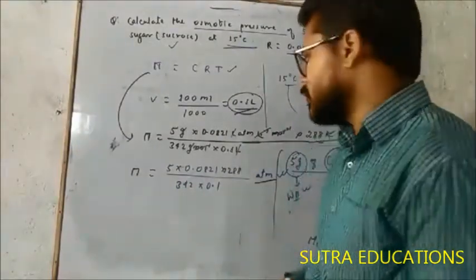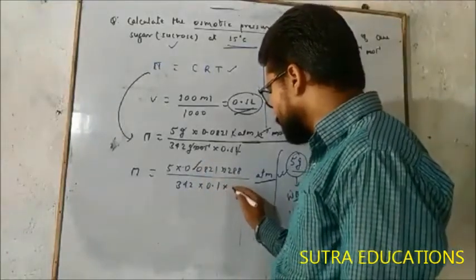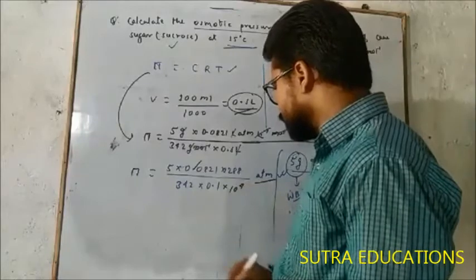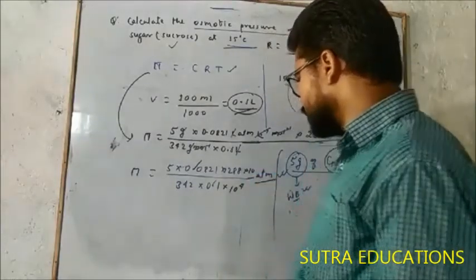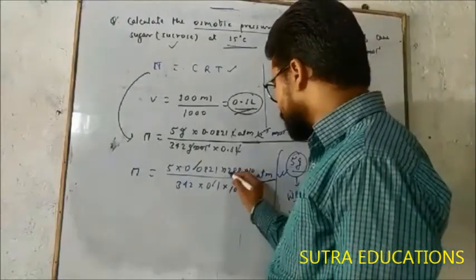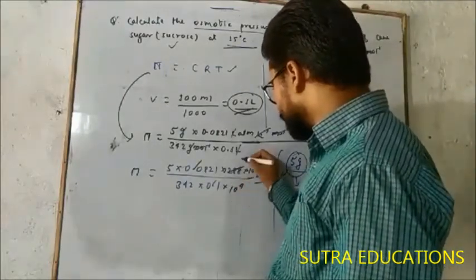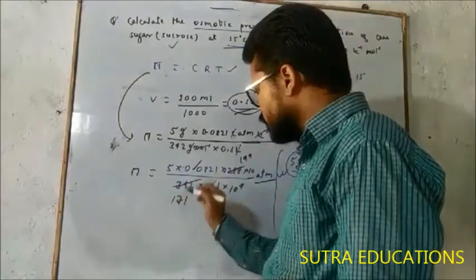So just calculate this. 288 gives you 144, which gives you 171.